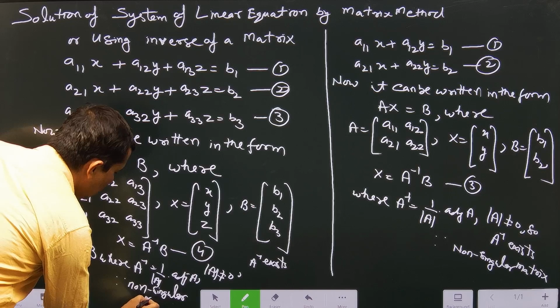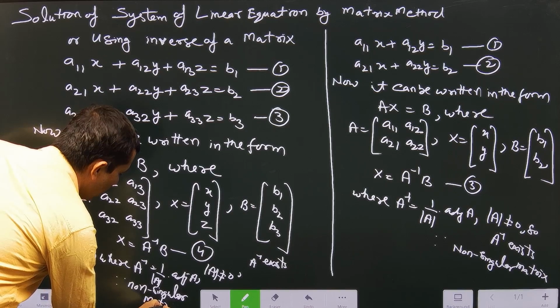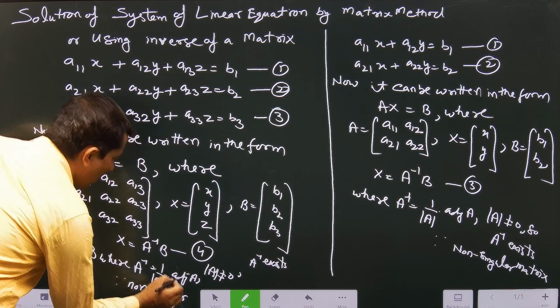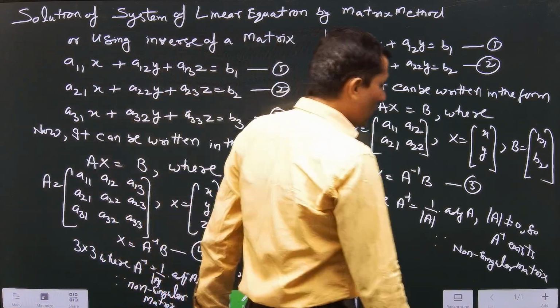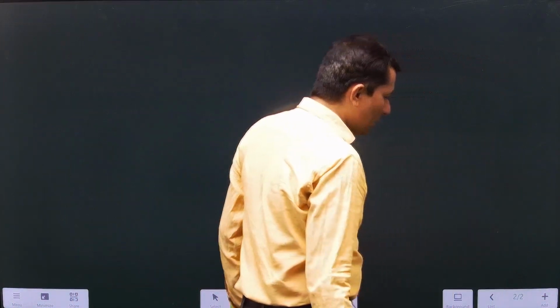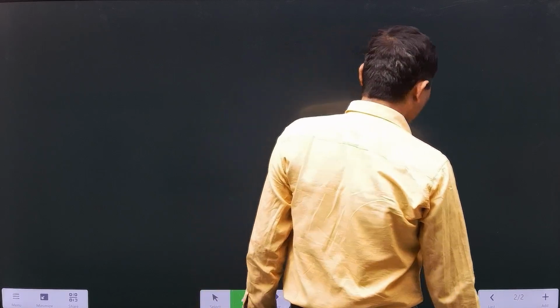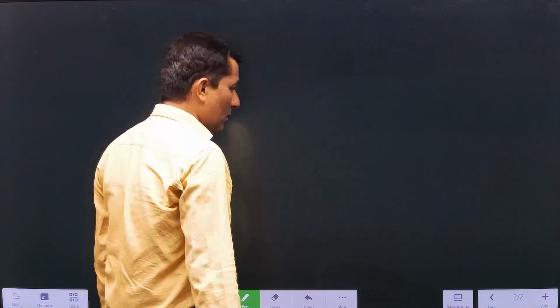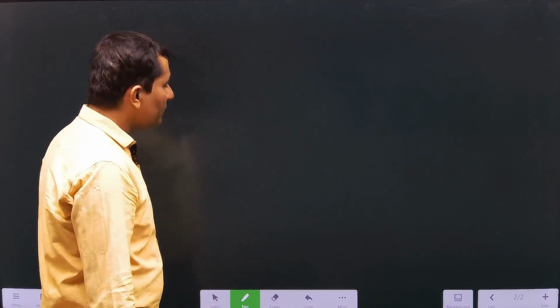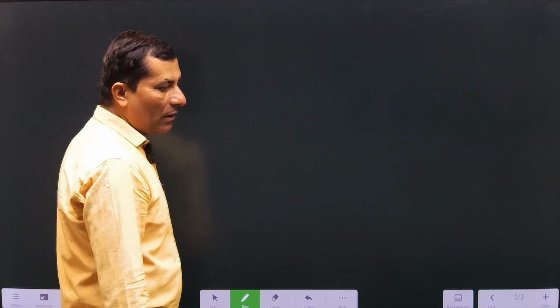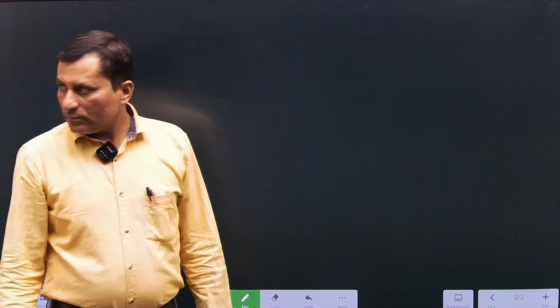This is the complete method of solution of a system of linear equations. Understand? Clear? Using any method here.